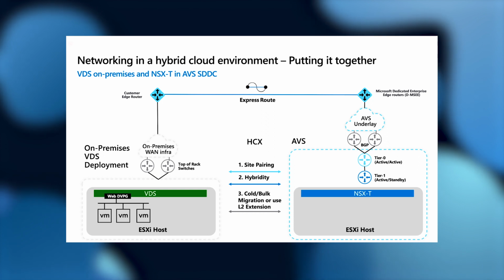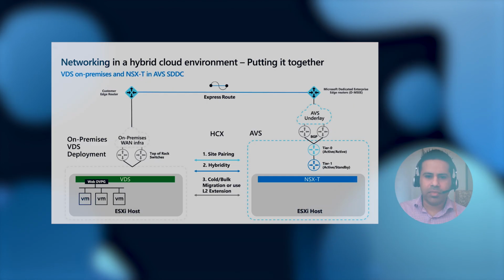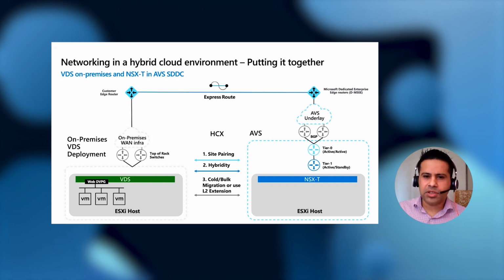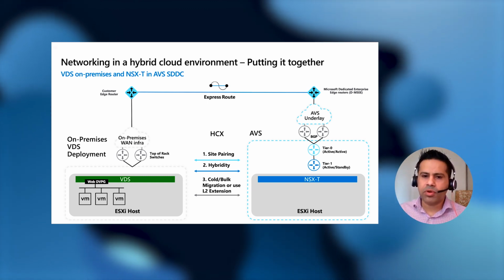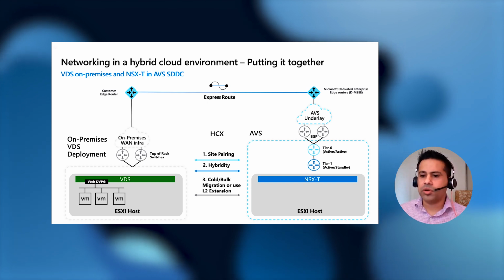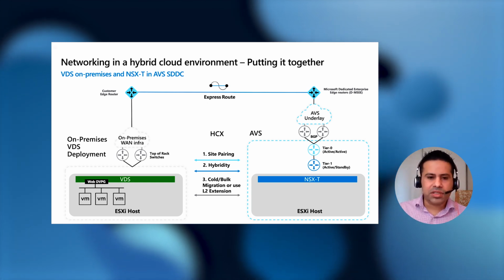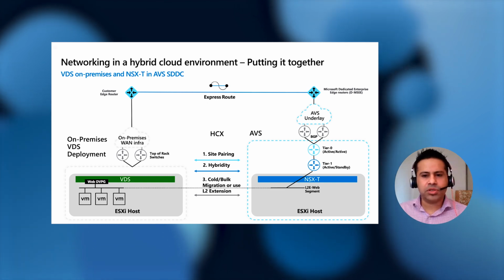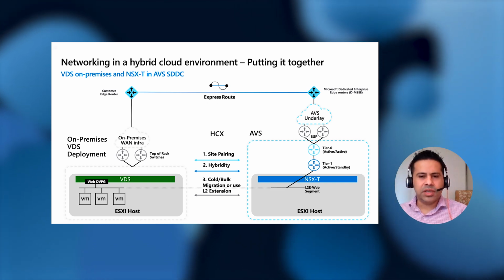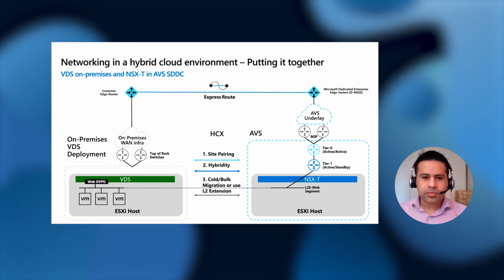Here I'm using a web DVPG, which is a DV port group. Again using HCX, you can create site peering, establish hybridity, and use cold migration, bulk migration, or L2 extension. So here I'm showing you an L2 extension from your on-premise to your NSX-T stack in AVS.